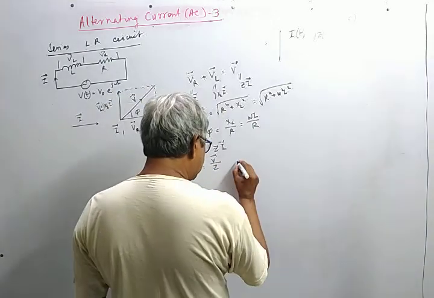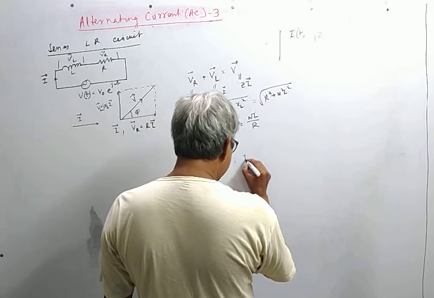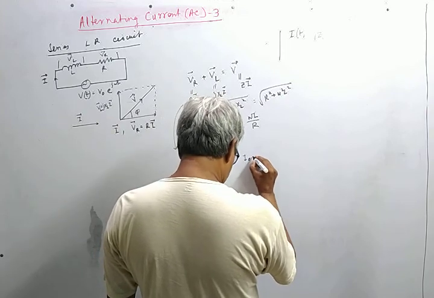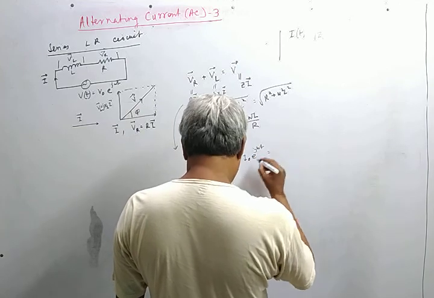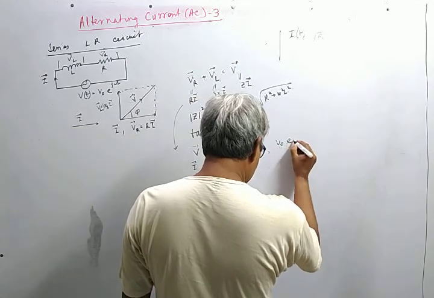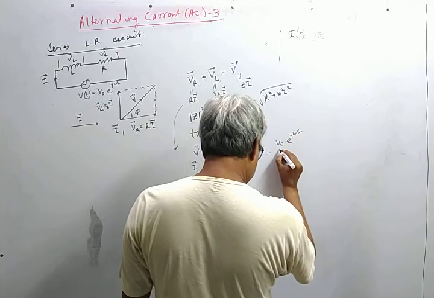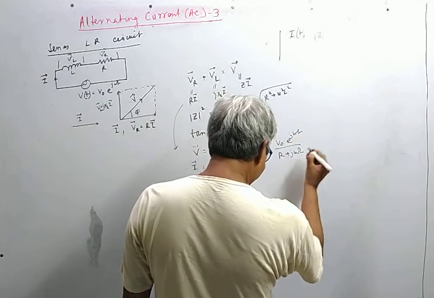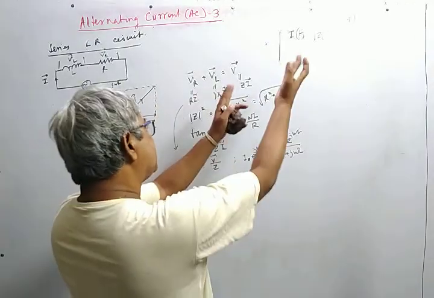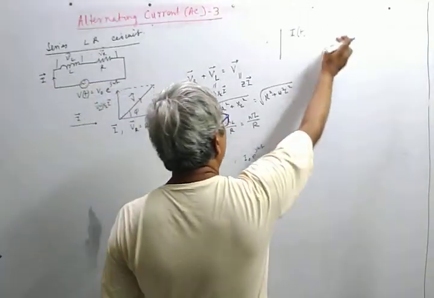If we come to the instantaneous value, this becomes I0 e to the power j omega t is equal to V0 e to the power j omega t by Z, where Z is equal to R plus j omega L, and this leads to the same equation that we have obtained over here.